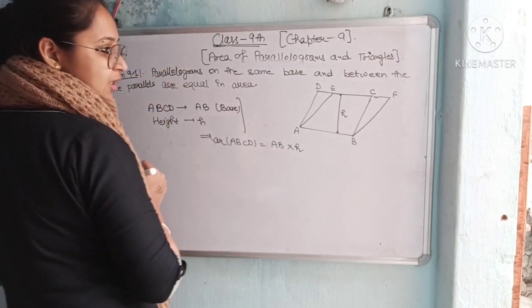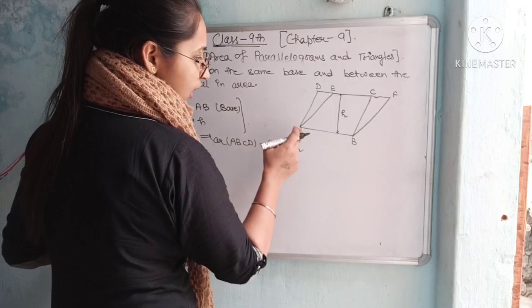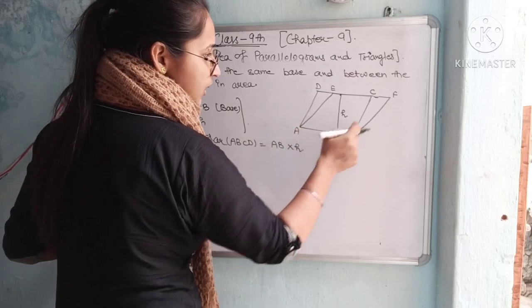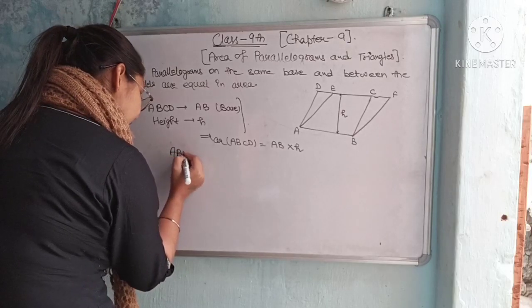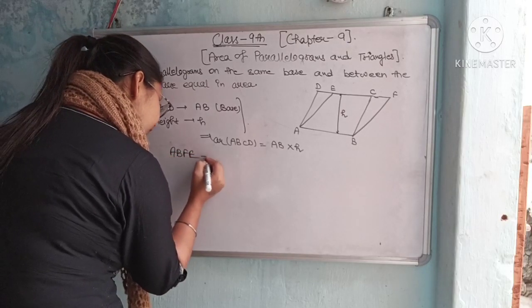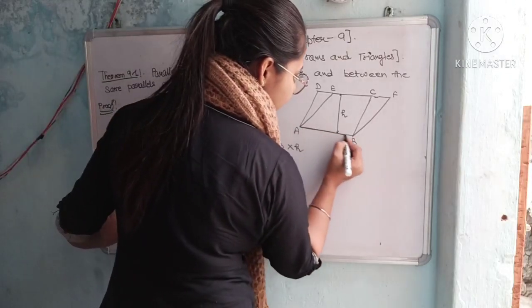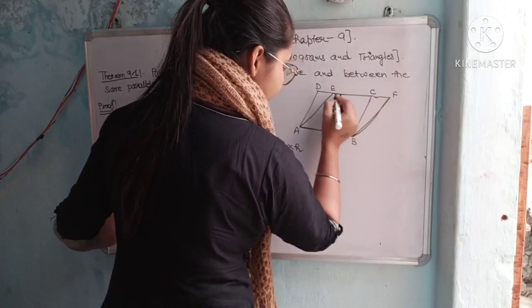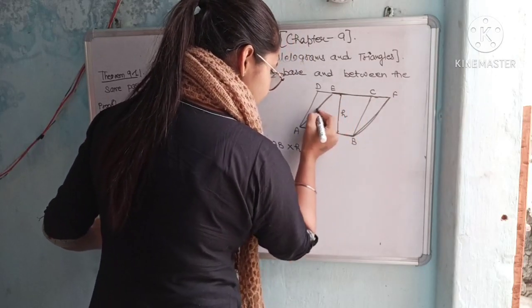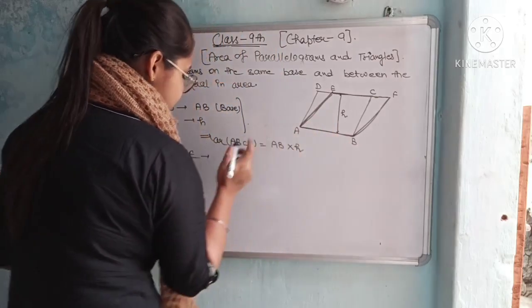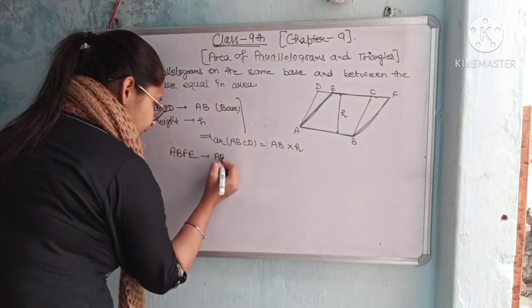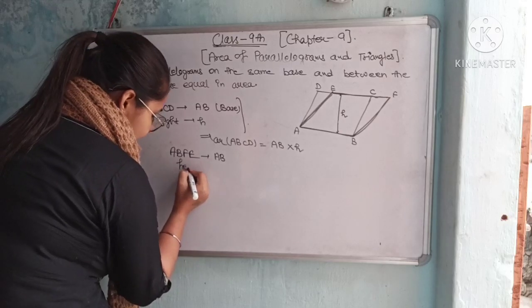Now come to the second parallelogram, ABFE. In this parallelogram, what is the base? Base is AB. Now, what is the height?